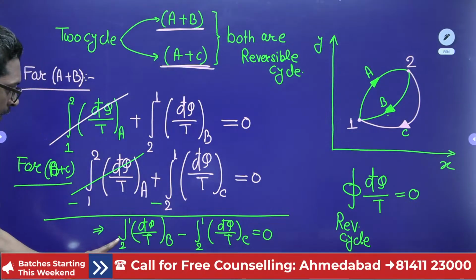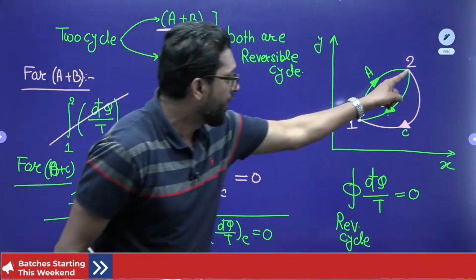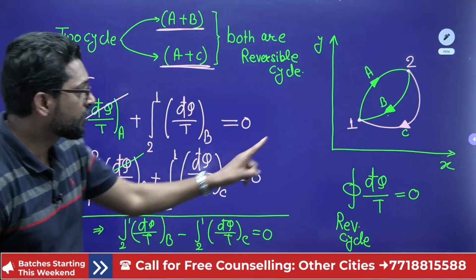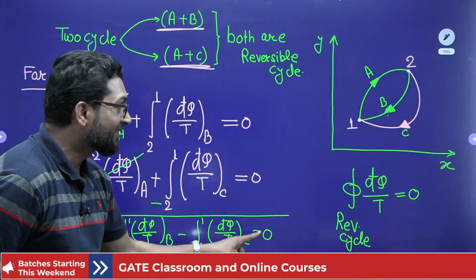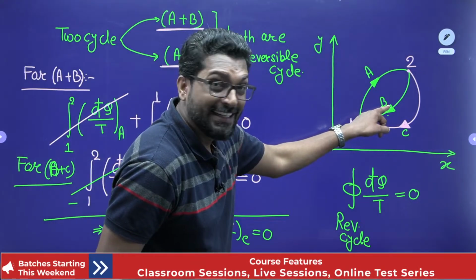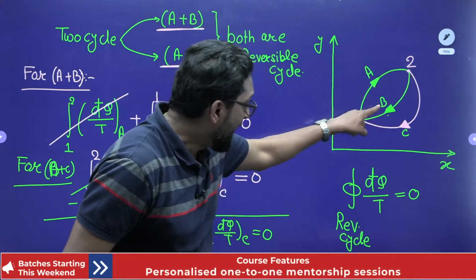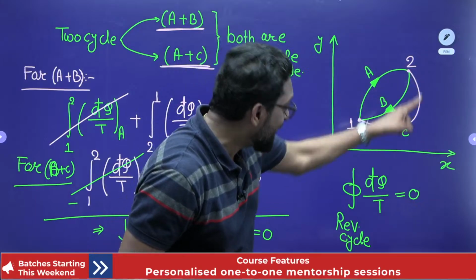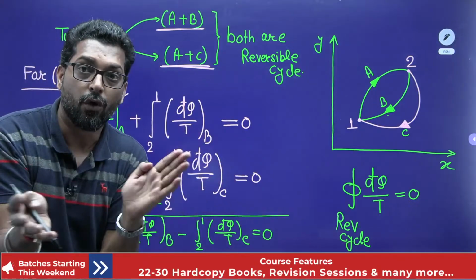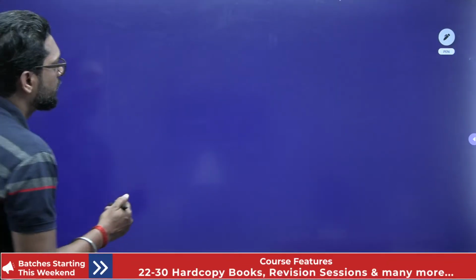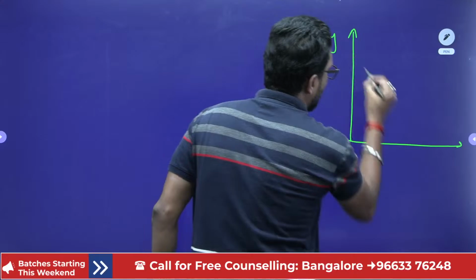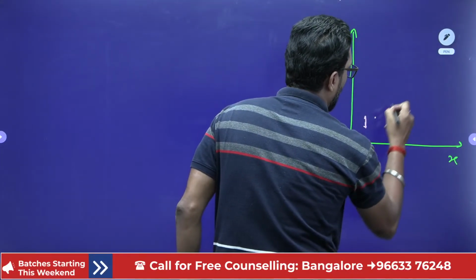That means, you see, process 2 to 1 via path B minus process 2 to 1 via path C is equal to 0. That means the quantity dq by t via path B is exactly the same as the quantity dq by t via path C. One second, y and x, 1 and 2.